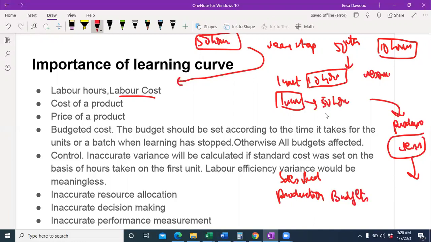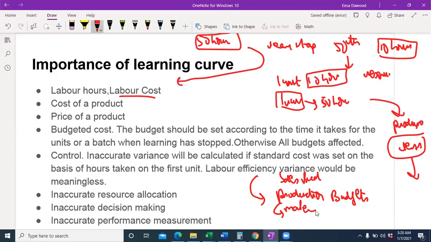If labor was a limiting factor and I said one unit takes 50 hours, however one unit was taking 10 hours, I would say I'll be able to produce less, I won't meet my sales demand, and I'd inaccurately calculate my production units.